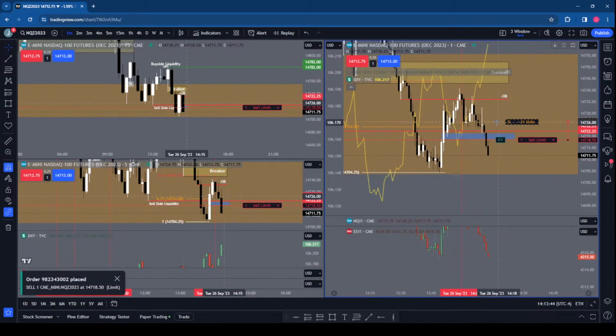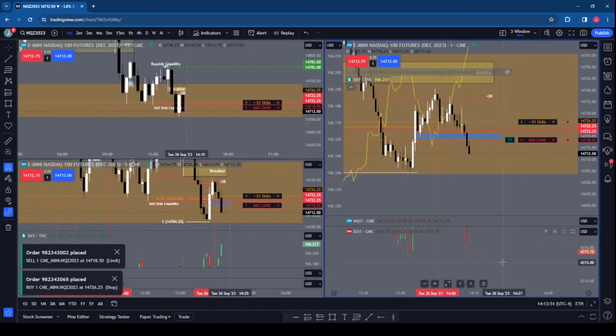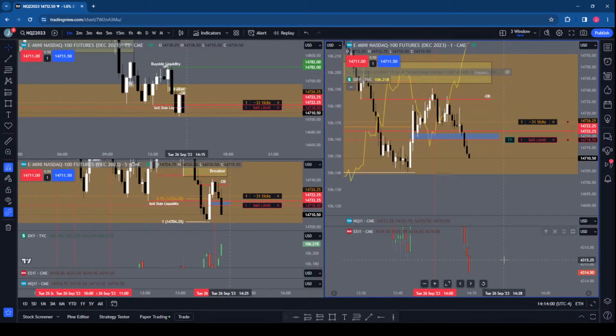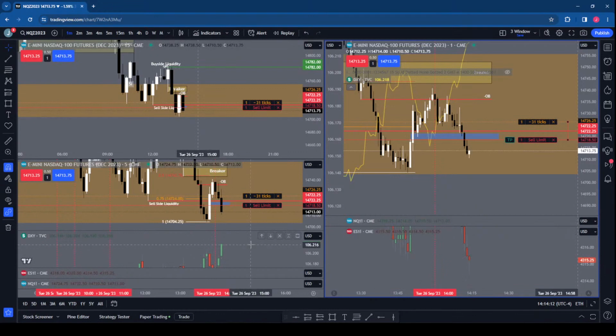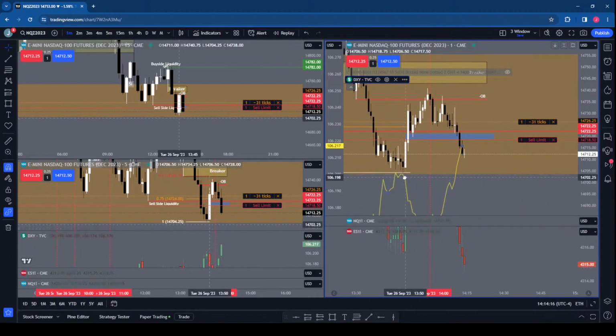Sell there, keep the stop right there. Okay, I'm specifically watching how ES is making this lower low. I like how strong the dollar looks.